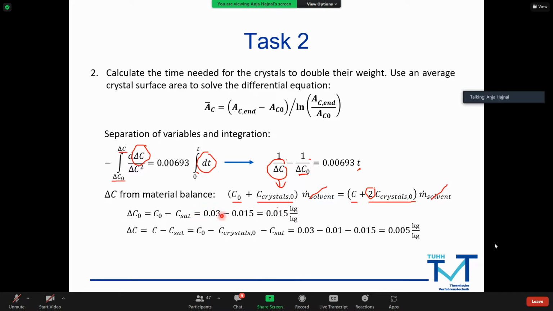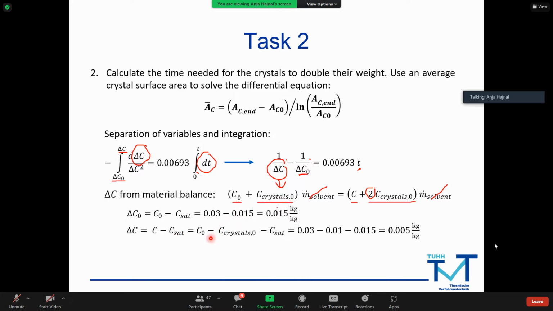So as we see, our concentration is larger, and this is the maximum, so delta C0 is equal to the difference between these two. Our delta C is the concentration at some time t, so this C here at the end of our process, minus the saturation concentration.